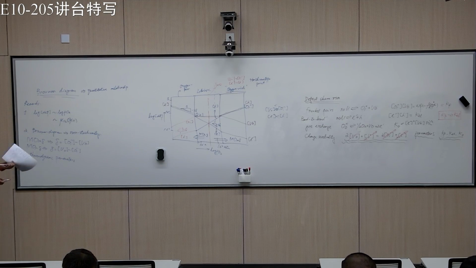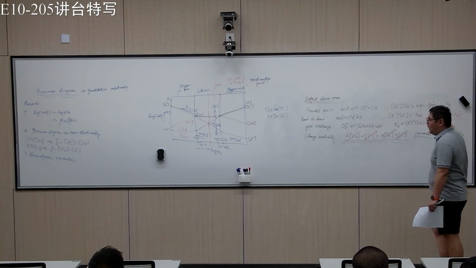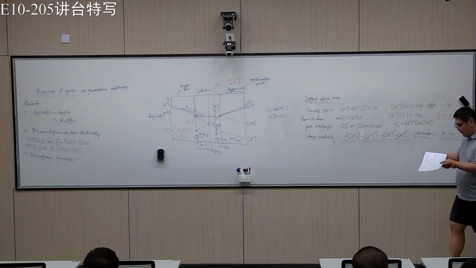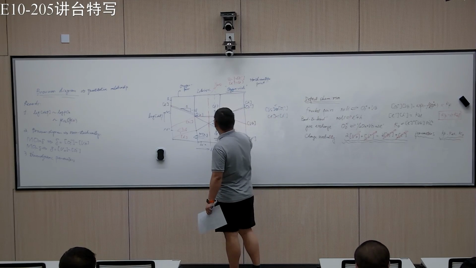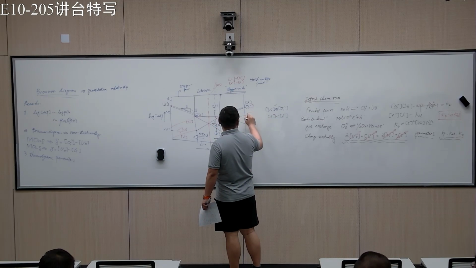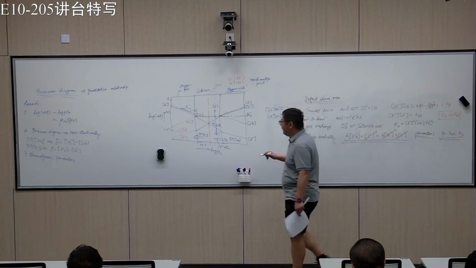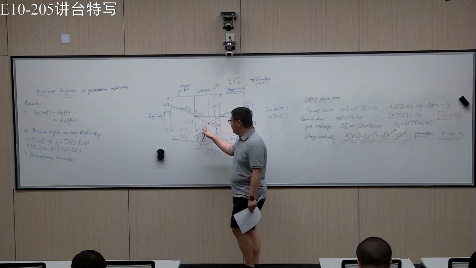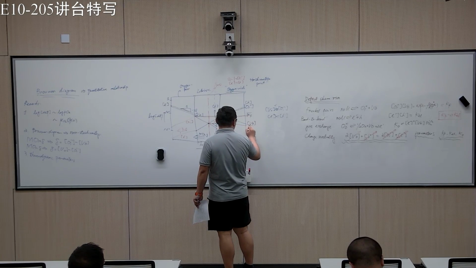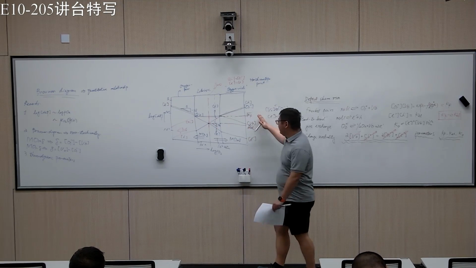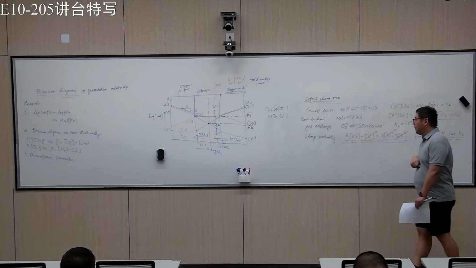For example, we say that Kf is much larger than KL. How do I know in this plot? If I look at here, this level is basically square root of Kf, and this level, which has the same number of electrons and holes, is basically square root of KL. You can see already in this plot that Kf is larger than KL. So it's important to recognize this.